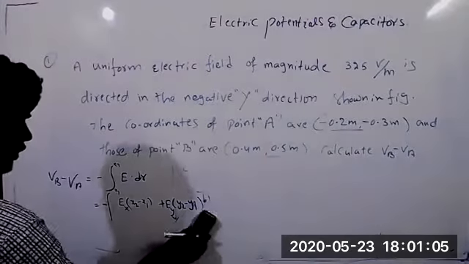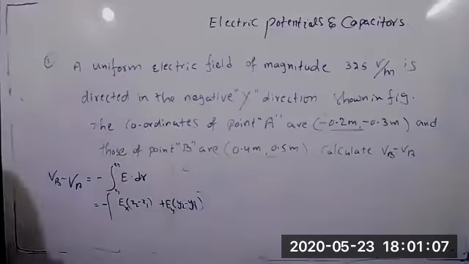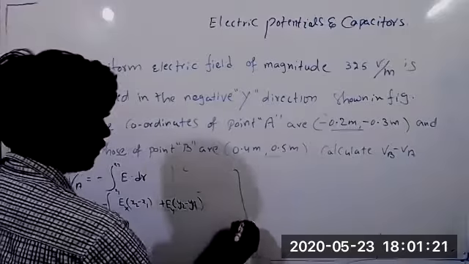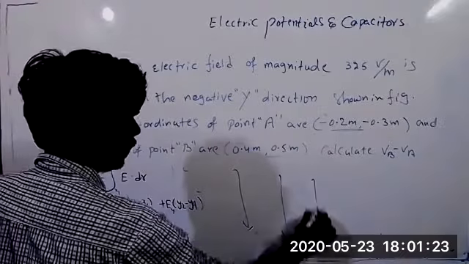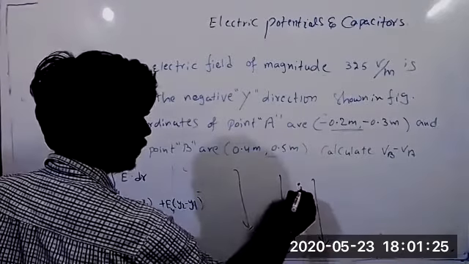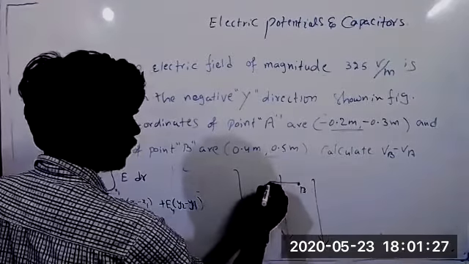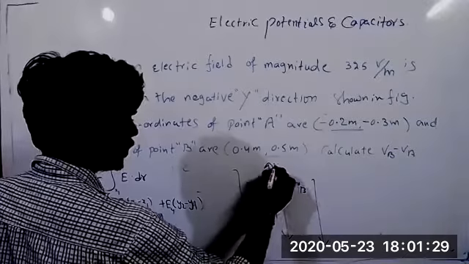See the diagram. YB minus YA. YA they have given equal to 0.5. So the B point is at YB only. It is along the Y direction.